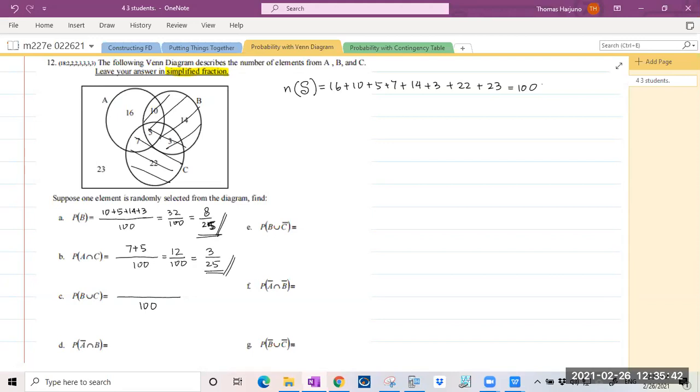The ones inside of B will be 10 plus 14 plus 5 plus 3. Those are the ones in B. Plus the ones in C that you have not counted earlier. In C, we have 5 and 3, but we count them already. Plus 7 plus 23.